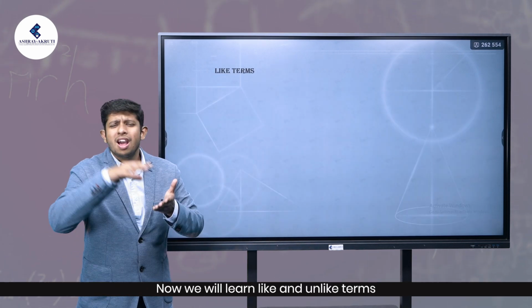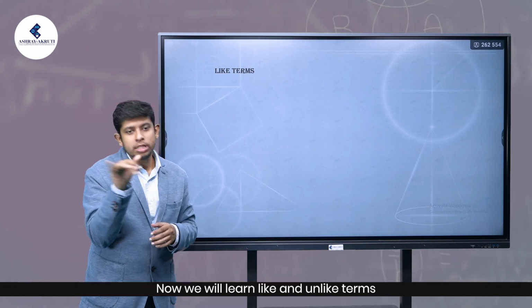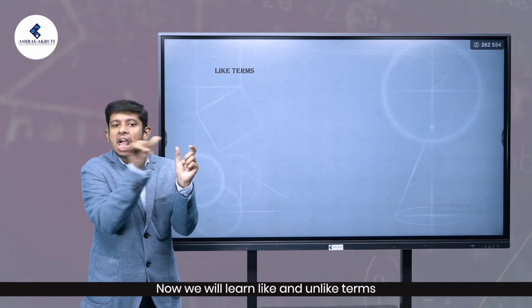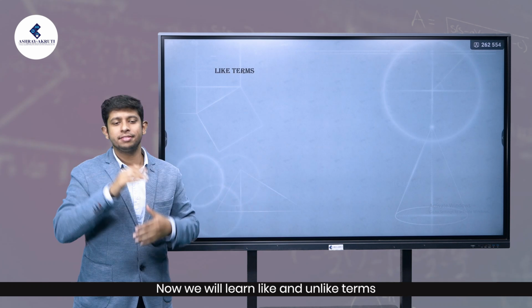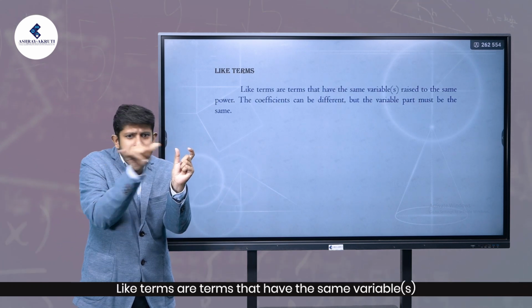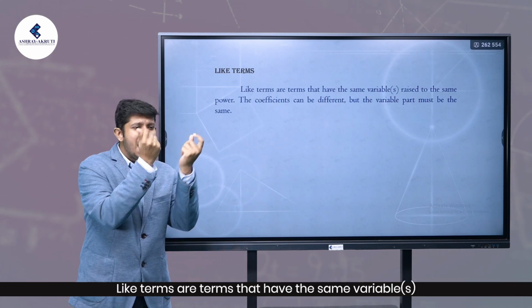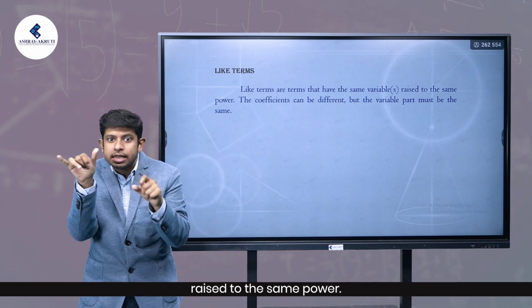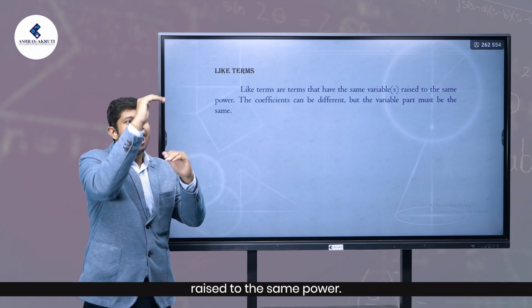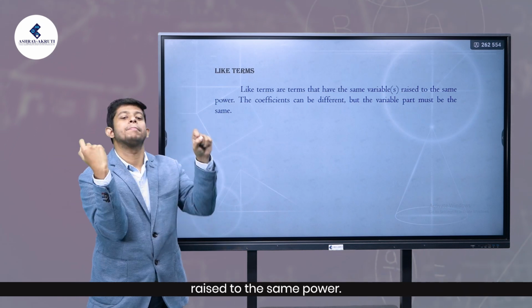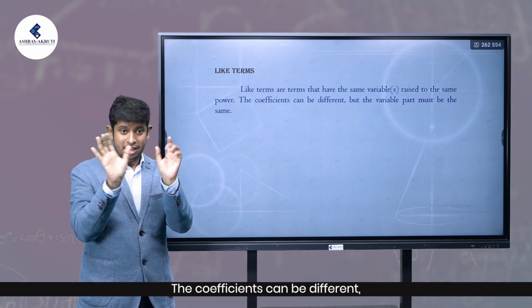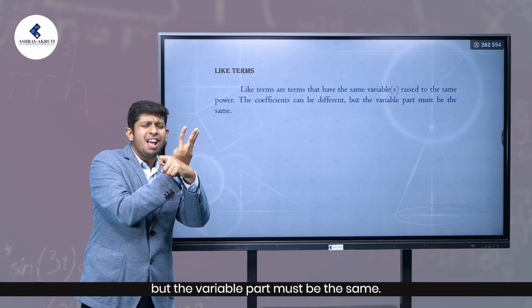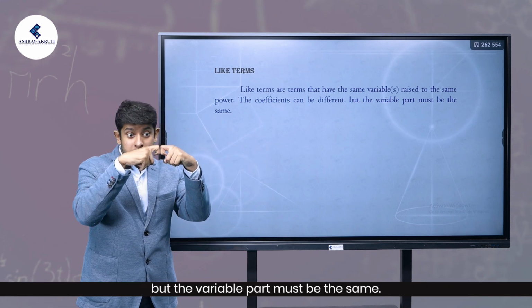Now we will learn like and unlike terms. Like terms are terms that have the same variable raised to the same power. The coefficients can be different, but the variable part must be the same.